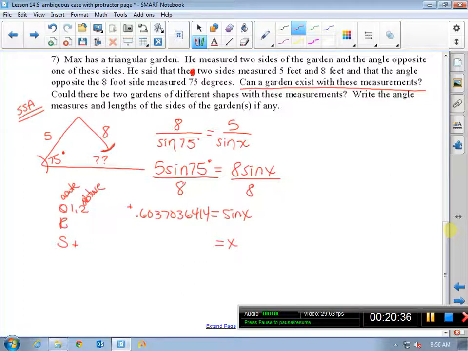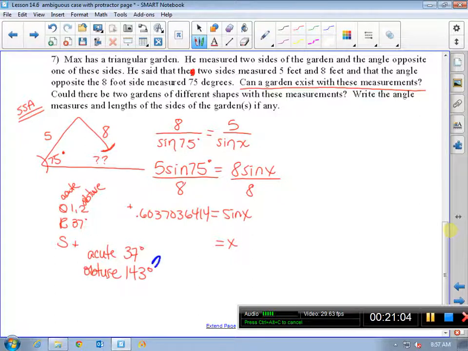So I have as my reference angle, sine inverse of that decimal, 37 degrees. So the acute answer would be 37 degrees. And what's the obtuse possibility for the math? I have 143.